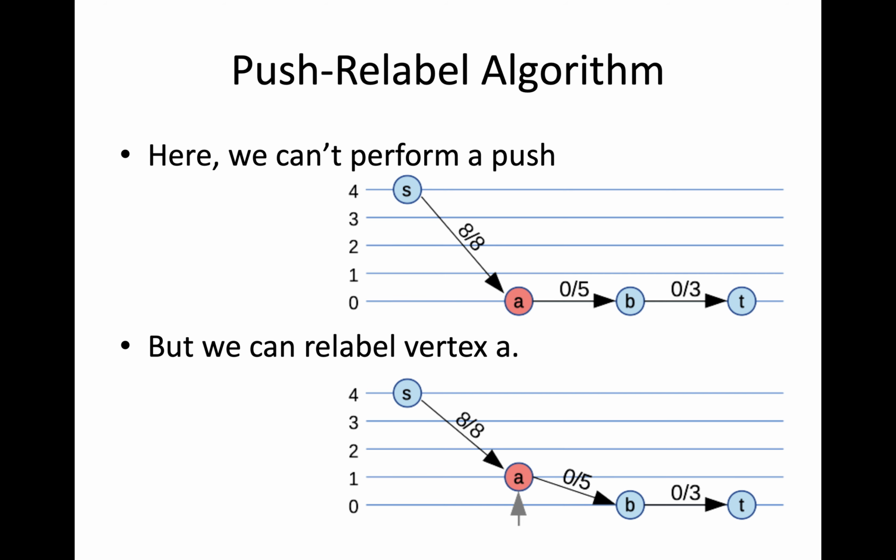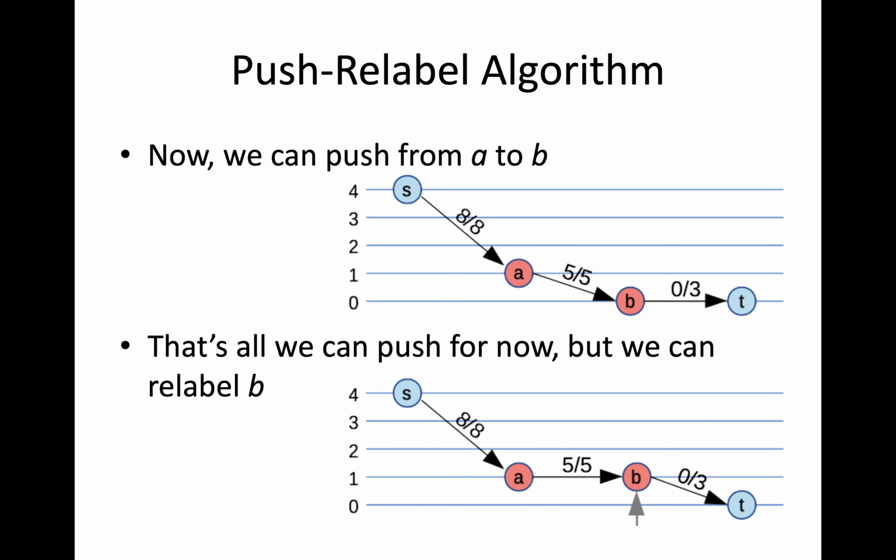So for relabel, that means, like my bottom picture shows, I can move A up to a height of 1. Again, one more than the height of the lowest neighbor to which I have some residual capacity. And here, hopefully you can look at this and say, oh, you're doing that so that you can then do a push operation. Now you can push some additional capacity to B, and that's what I do next.